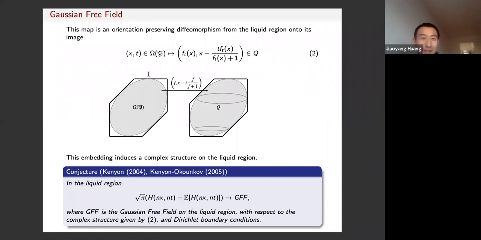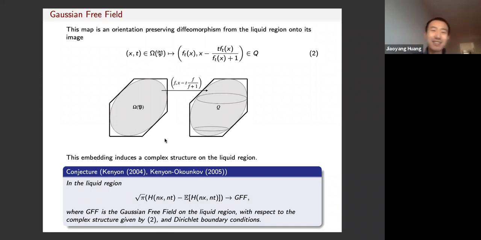And you can directly check that this map is actually an injection, a bijection onto its image. So in this way, the complex structure on the Riemann surface Q induces a complex structure on the liquid region.